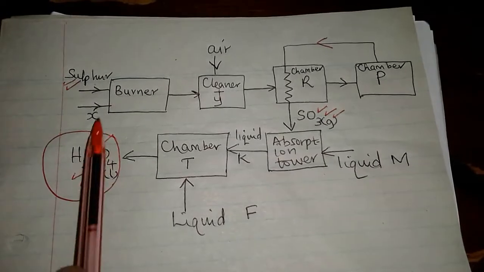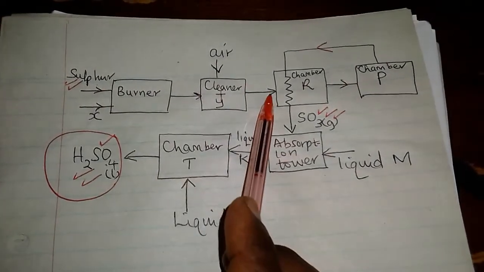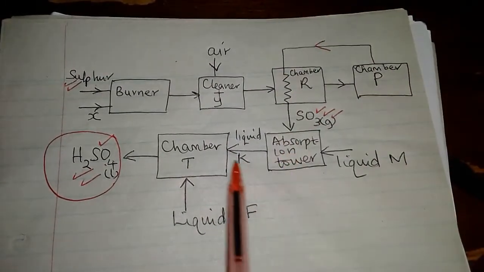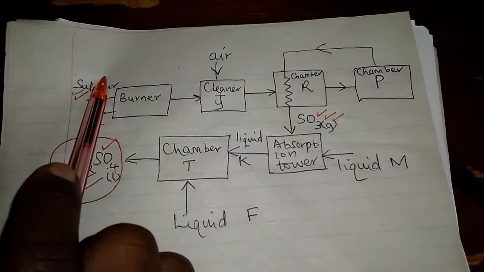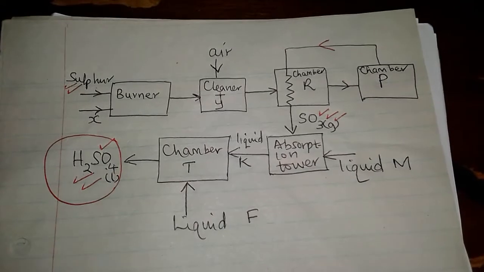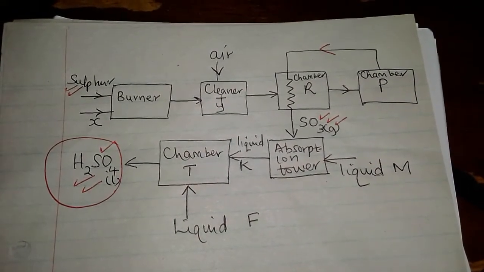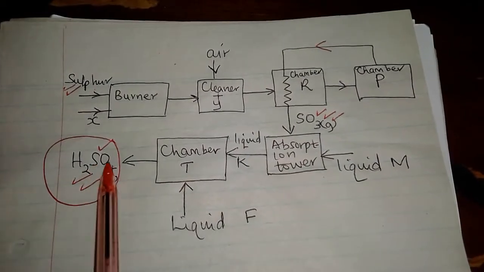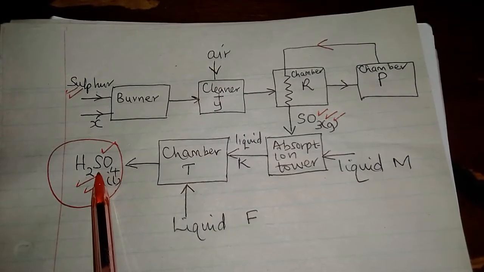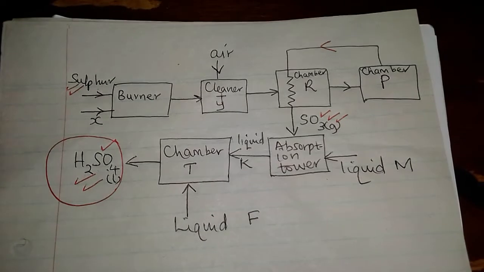This flowchart is moving in this direction in as far as the arrows are concerned. And that tells you that this is the starting point and this is the end point of this flowchart. It is an industrial process that gets used to manufacture H2SO4, that is sulfuric acid, or also referred to as sulfuric 6 acid.